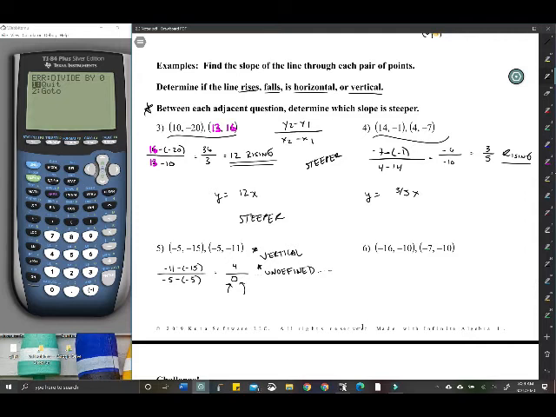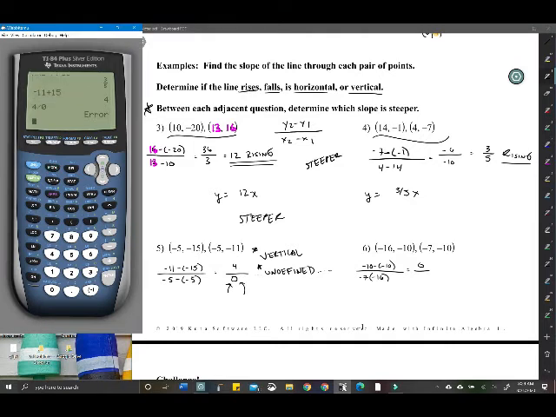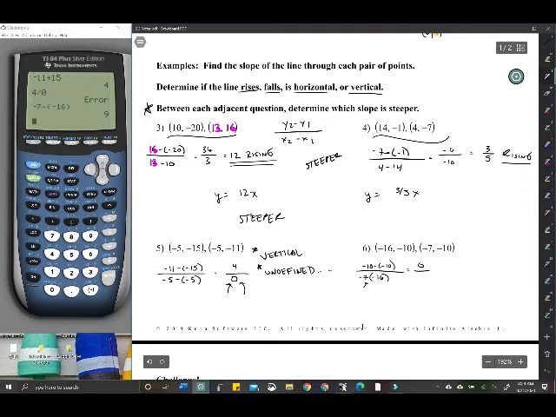Let's take a look at 6. This time, negative 10 minus negative 10 all over negative 7 minus negative 16. Here we have 0, negative 10 plus 10, all over negative 7 minus negative 16, and that's 9.